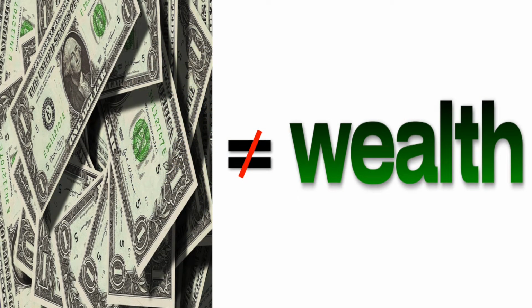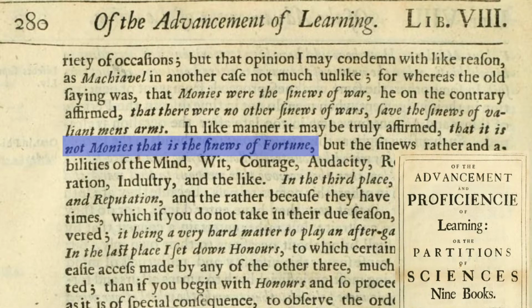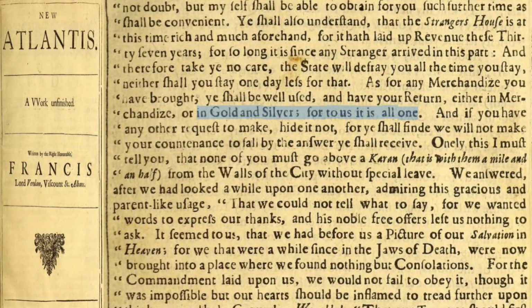Bacon rejected the idea that money constituted wealth. He wrote, "It is not monies that are the sinews of fortune, but it is the sinews and steel of men's minds, wit, courage, audacity, resolution, temper, industry, and the like." Jean-Baptiste Say echoed Bacon's view from New Atlantis that money and goods were as one.